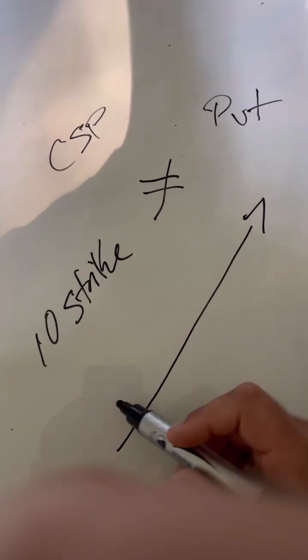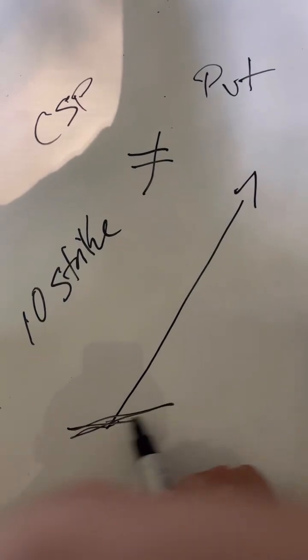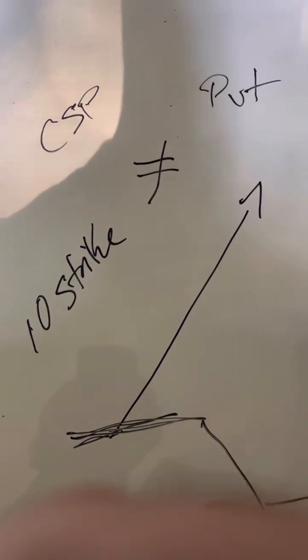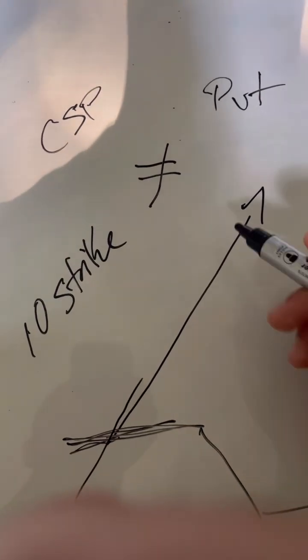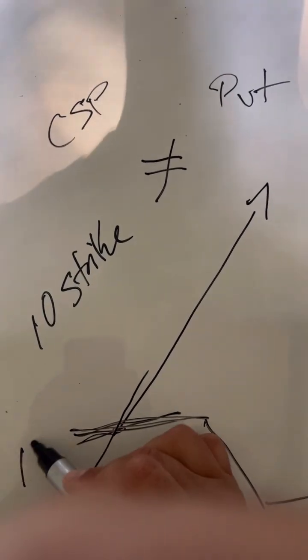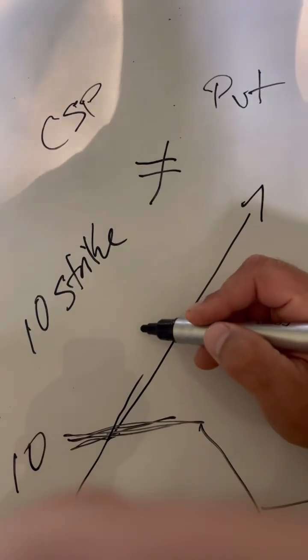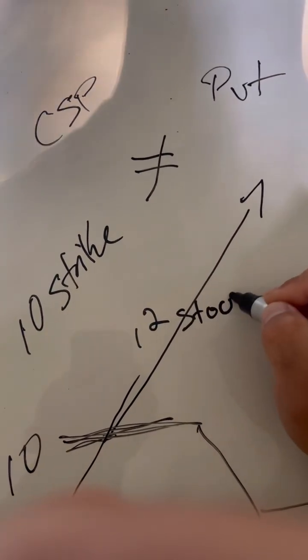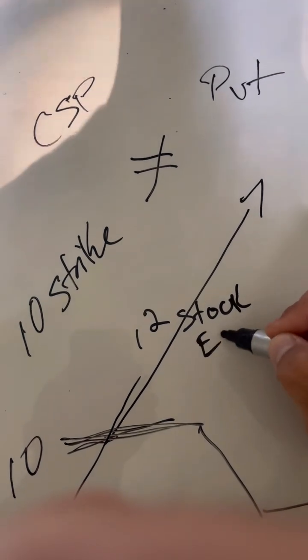My strike is down here. This is the cash secured put. It's running like this. My strike is 10, and the stock is currently trading at, say, 12, or ETF, or whatever.